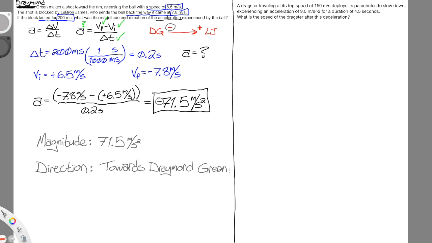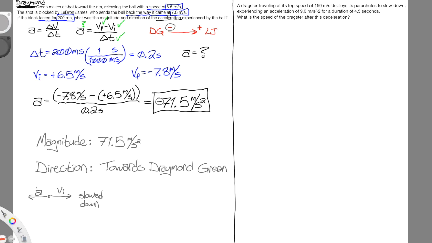We can ask ourselves, does this make sense? Well, to begin with, the ball had an initial velocity to the right, and the block slowed the ball down. So when something is slowing down, the acceleration has to be opposite the direction of the velocity, or to the left in our problem, or negative.